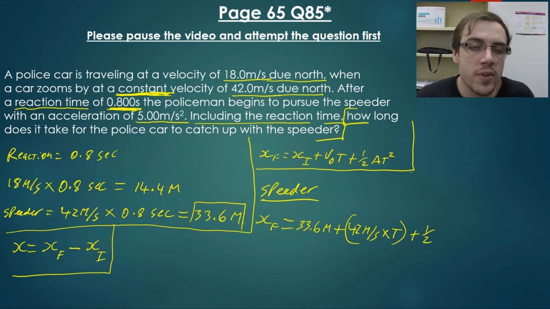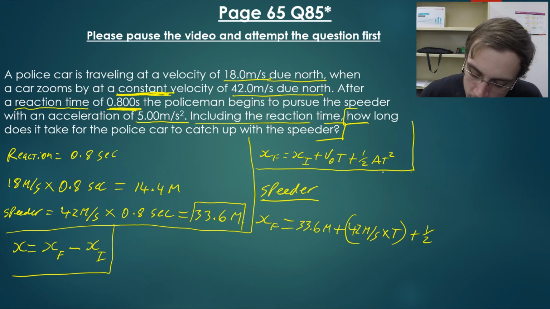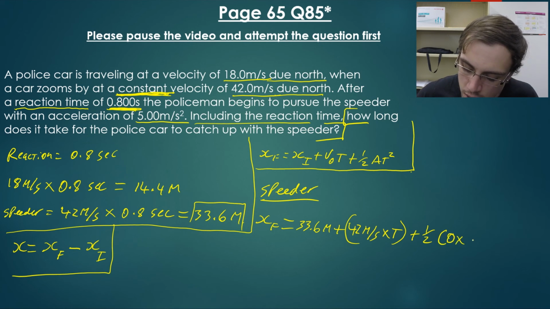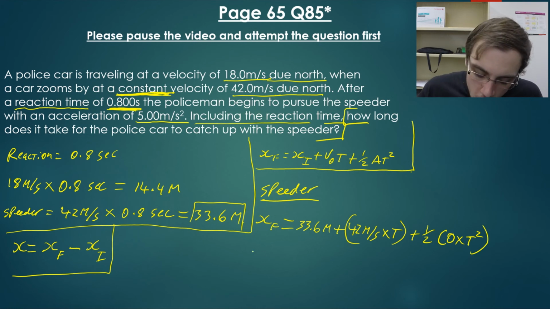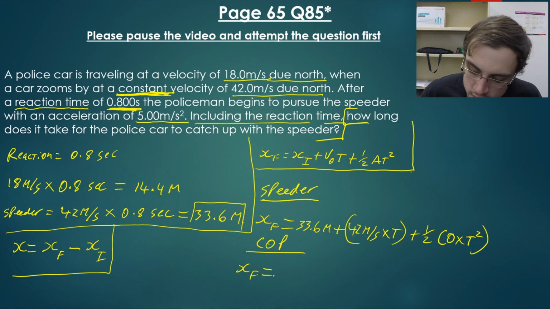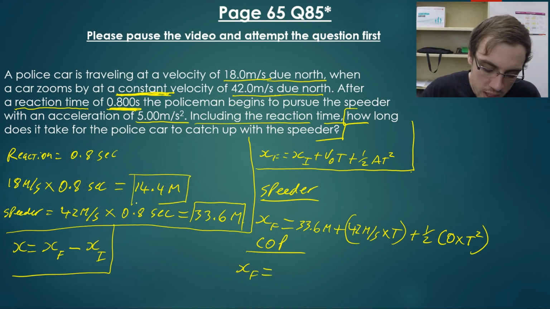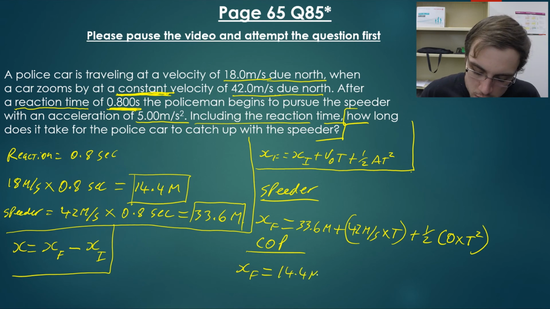If he's going at a constant velocity, he's not accelerating nor decelerating. So A is going to be 0 times t squared. Now, for the cop, we have displacement final is equal to the initial displacement for the cop, which is going to be 14.4 meters, plus V0 t.